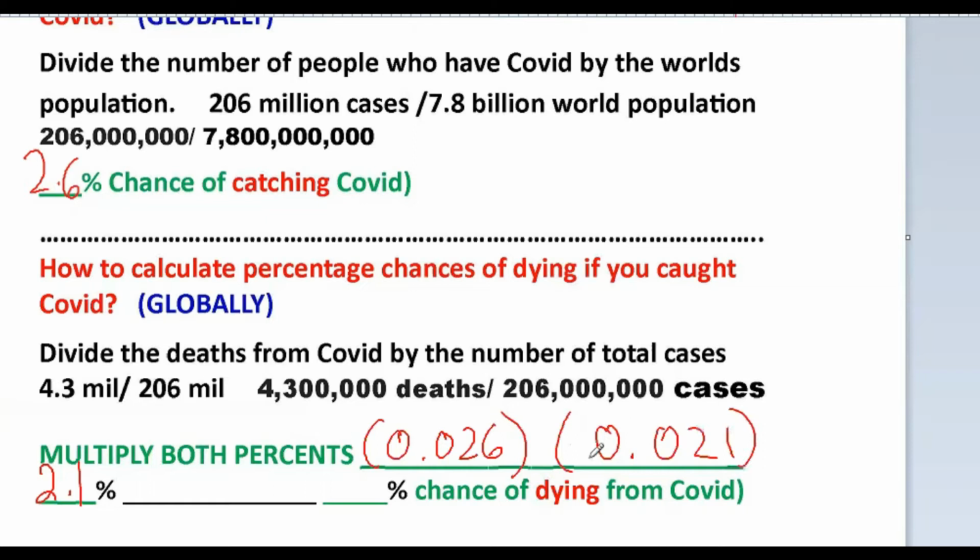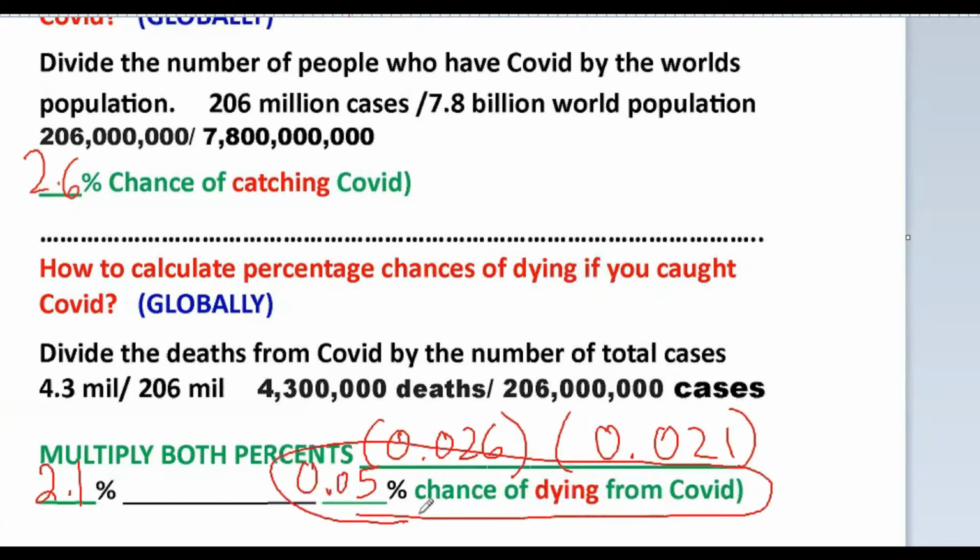You multiply these two numbers together, you get 0.05. So we got 0.05% chance of dying from COVID globally. All right, let's go ahead and move on.